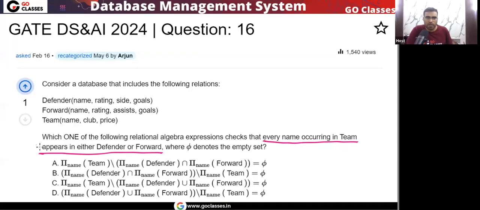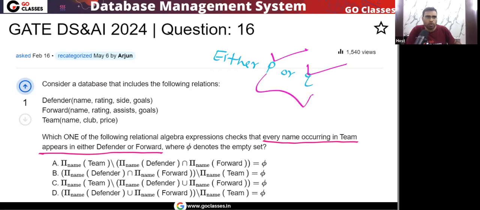So remember, by default when you say either or, it is inclusive. When we say either P or Q, by default that is inclusive, means either that should be in P, or that should be in Q, or that should be in both of them.